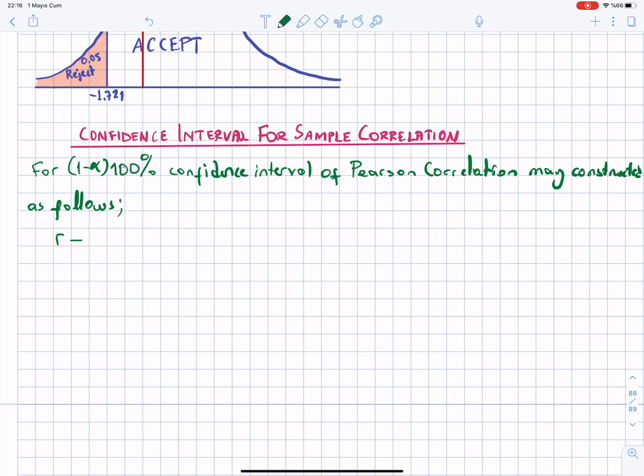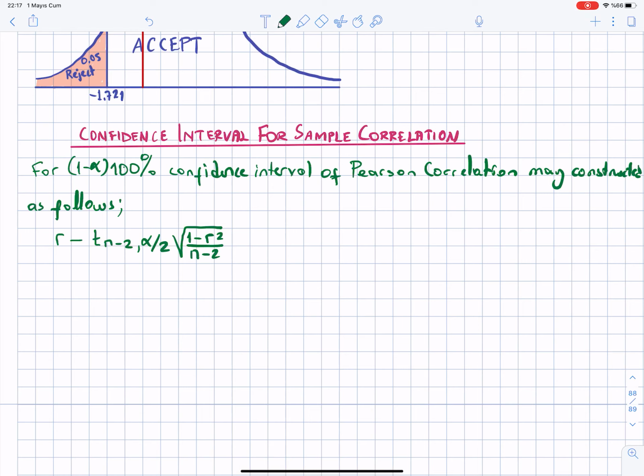For the confidence interval, we always use the double-sided critical value, so you split the alpha level in half. The critical value is t with the degree of freedom, which doesn't change, n minus 2, and alpha divided by 2, multiplied by the standard error of the Pearson correlation, which is the square root of 1 minus r squared divided by n minus 2.